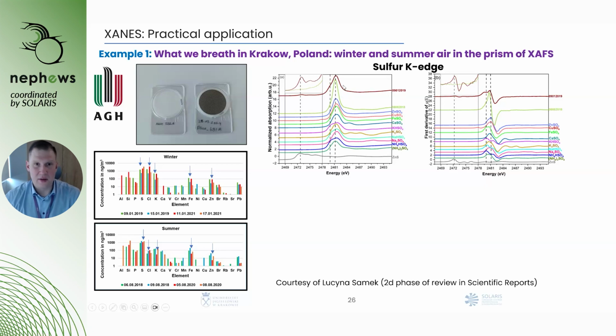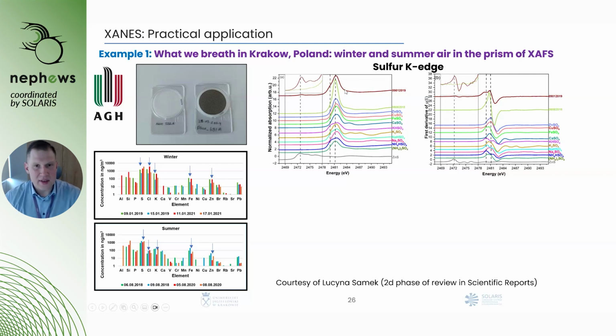And analysis of such spectra, just by fingerprinting or just comparing the sulfur K-edge spectra corresponding to the samples gathered in winter and in summer, allows us to investigate the composition of this dust or particulate matter.